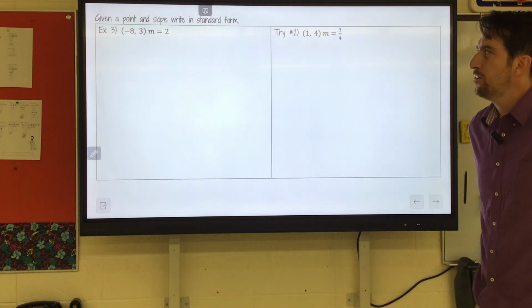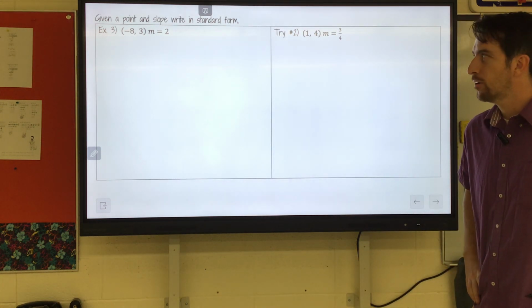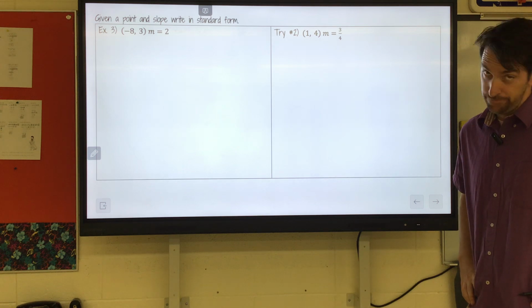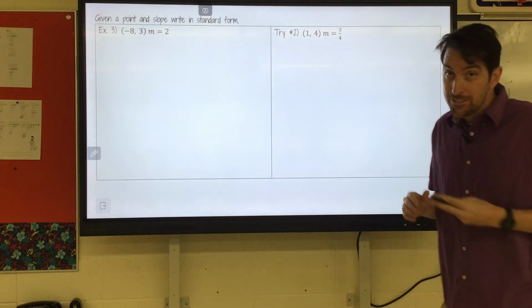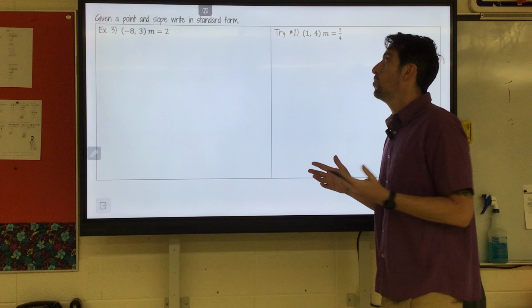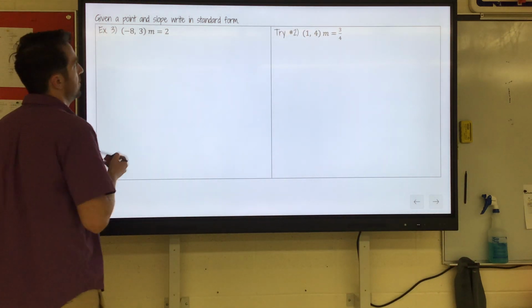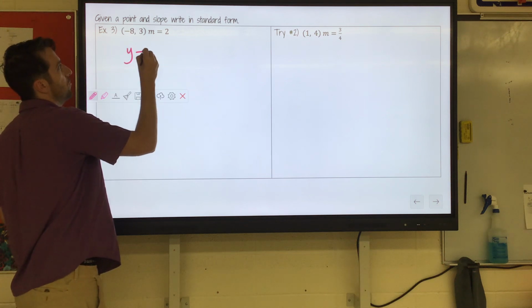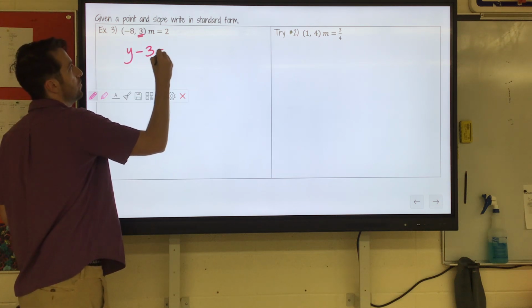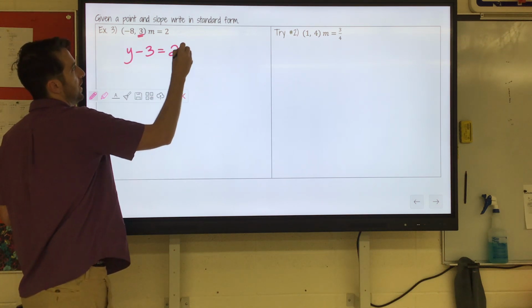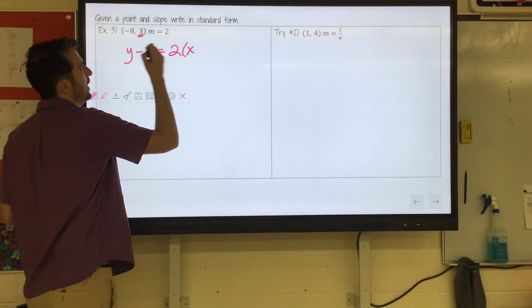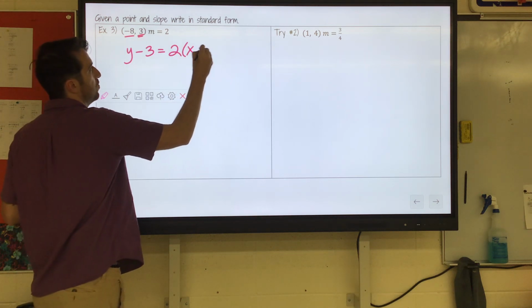Ooh! Given a point and slope, write in standard form. When they give us a point and slope, why not use point slope form? So that'd be y minus our y coordinate, which is 3, equals our slope 2 times x minus negative 8. Minus negative 8 is really plus 8.